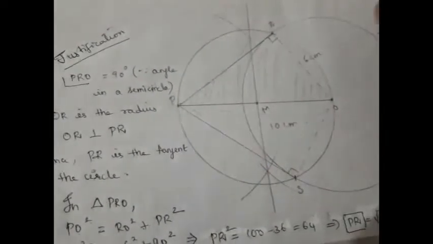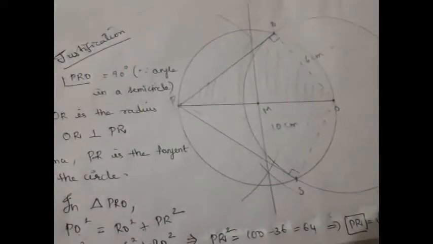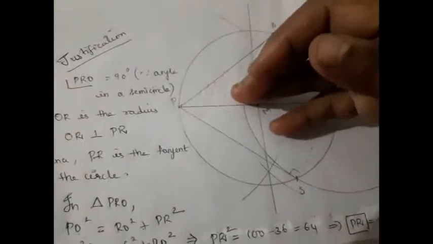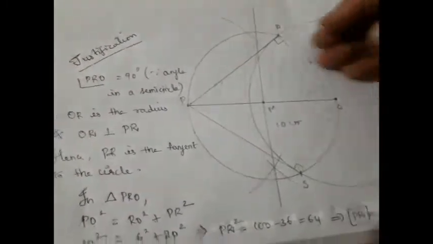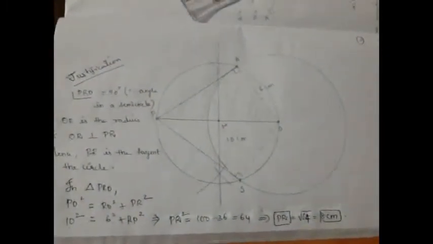Those two are the required tangents. This is the method, right? So in the forthcoming problems, there will be some task in identifying your center and the external point. So after identifying the center and the external point, you should proceed with the regular steps, right? Hope you got it. Let me explain the remaining problems as well.